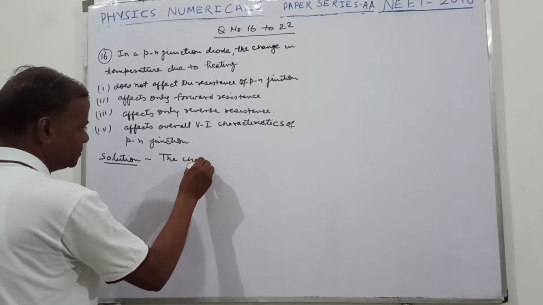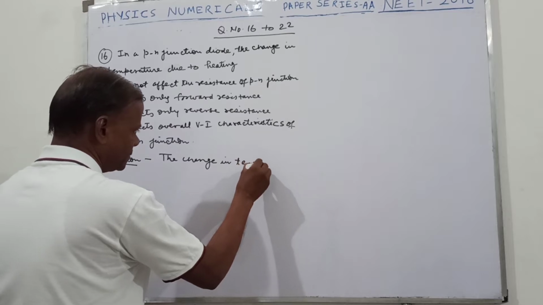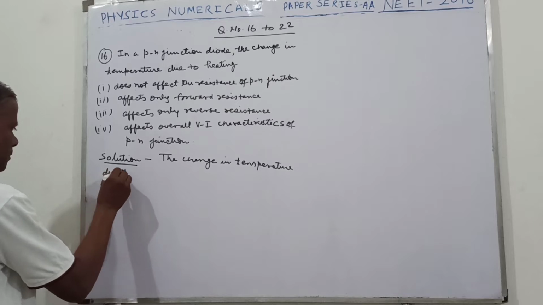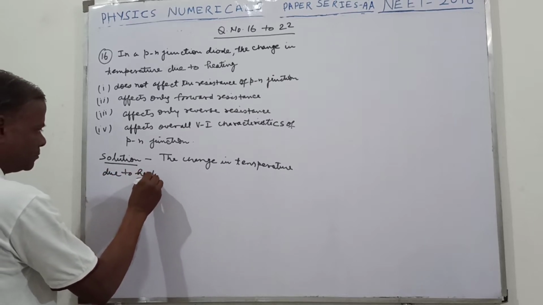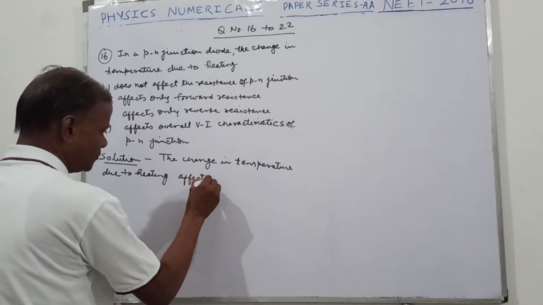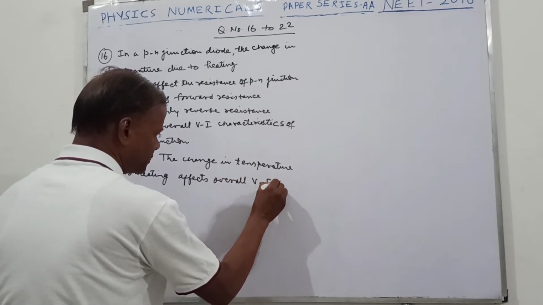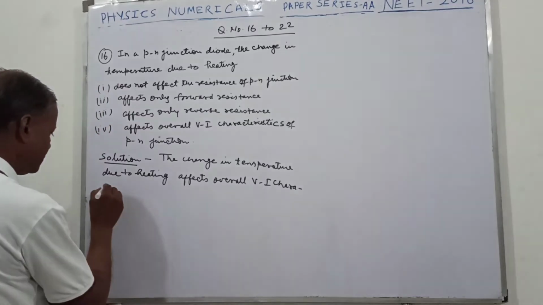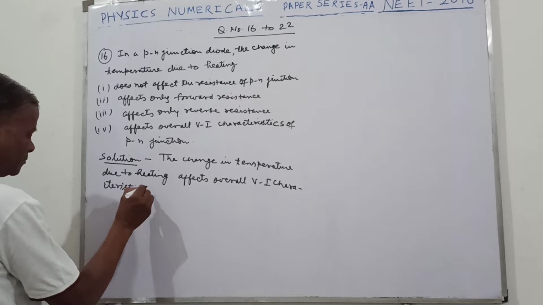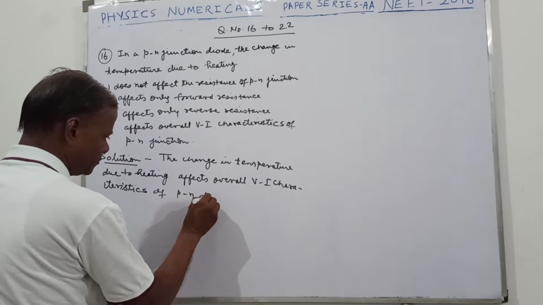The change in temperature due to heating affects overall VI characteristics of junction diode.